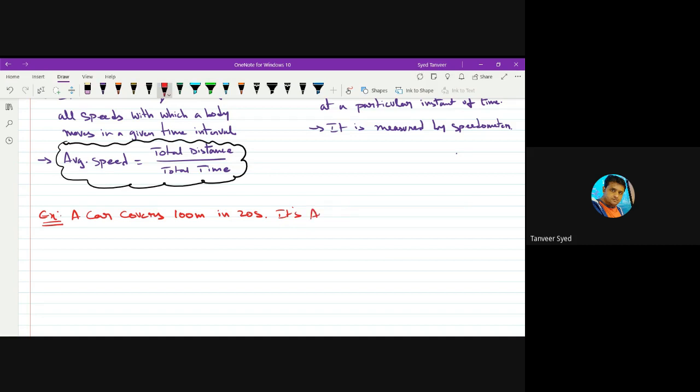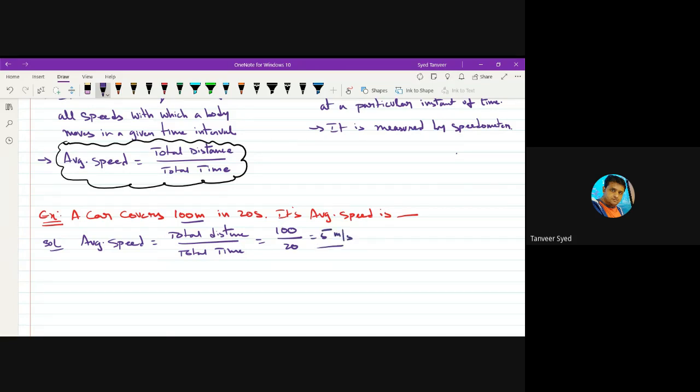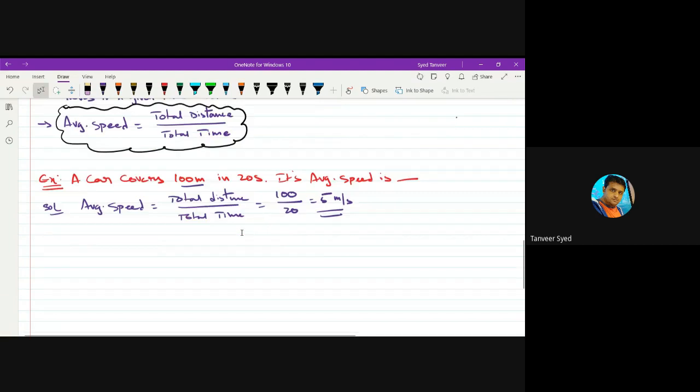Its average speed is 5 meters per second, sir. Average speed is total distance by total time. Total distance covered is 100 meters, total time taken is 20 seconds, which is 5 meters per second. That's all. Okay.